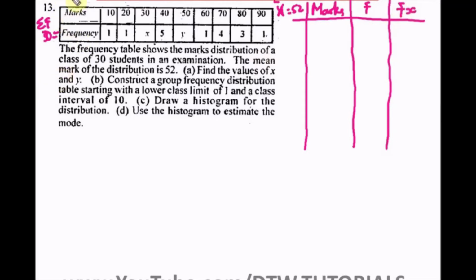Remember that the formula for mean, you are going to state the formula for mean, is equal to the summation of fx over the summation of f. Okay, let me state it here. Write the formula for mean as the summation of fx over the summation of f. Okay, and our marks are 10.